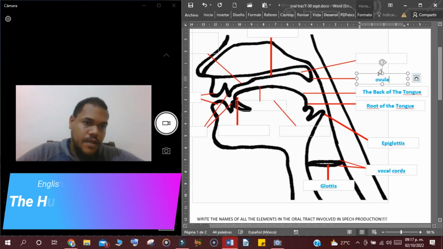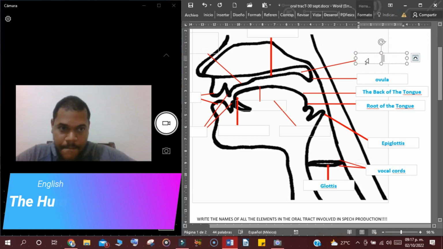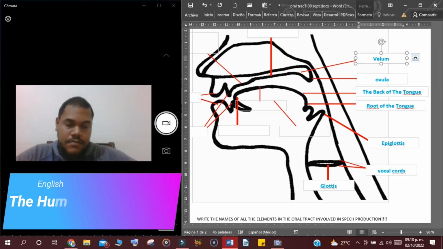The uvula. Here the velum, or soft palate. The velum, also called the soft palate.